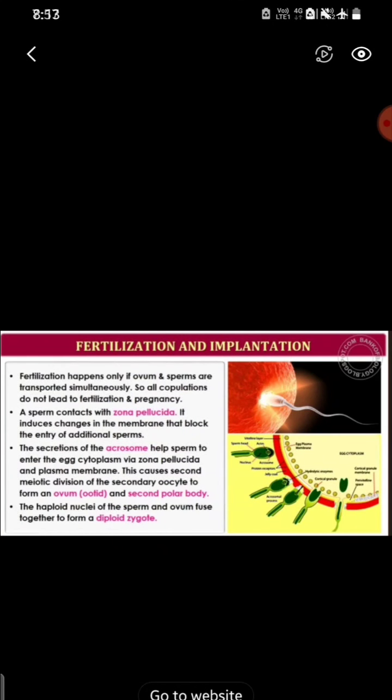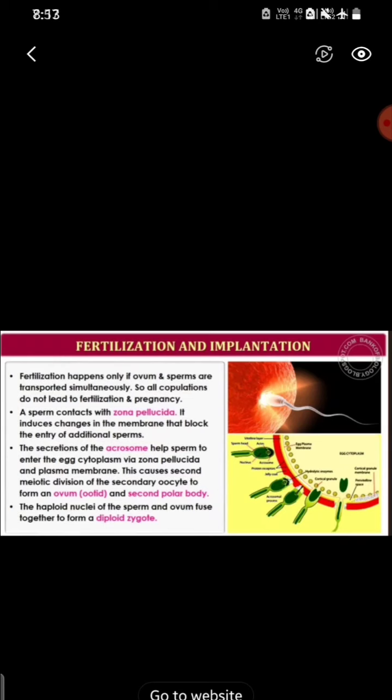Millions of sperms are released, but only one sperm will get the chance to fertilize the egg. The other sperms which are behind will not be able to come and will be blocked. It induces the change in the membrane that will block the entry of additional sperms.